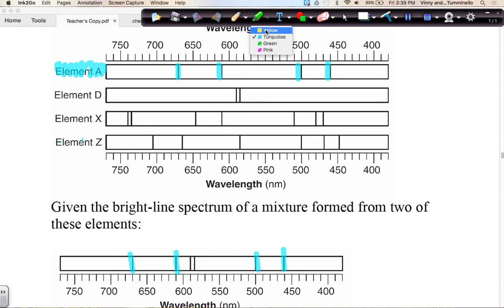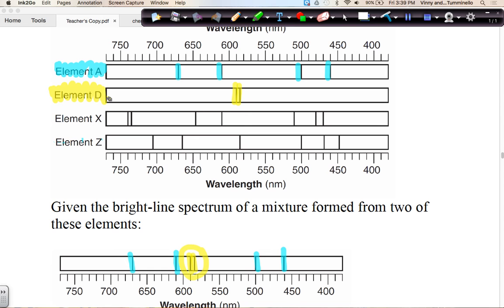So now what we need to do is say, okay, where did these two lines come from? These two lines are at 590 and about 585, and element D has 590 and 585.